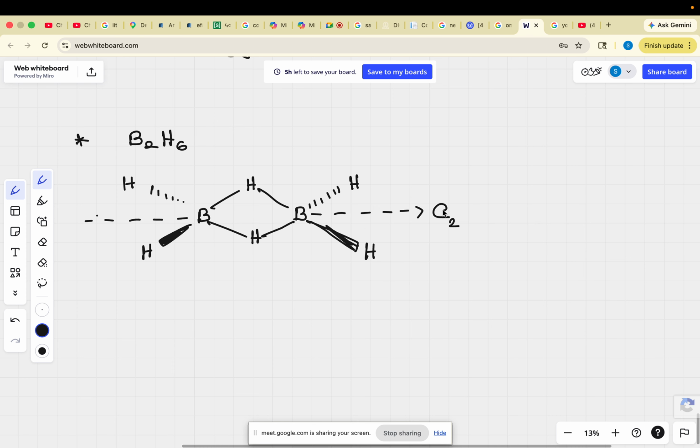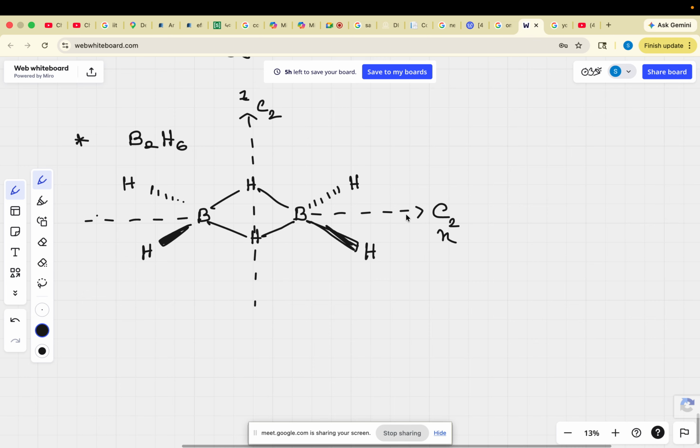So this is one C2 axis. This is another C2 axis. If I rotate the molecule again by 180 degrees through this C2 axis, that time also you will get an equivalent structure.